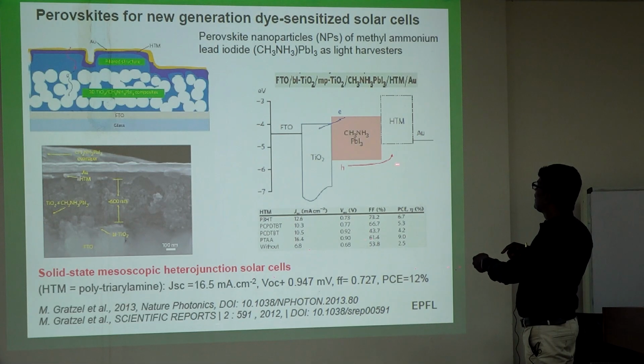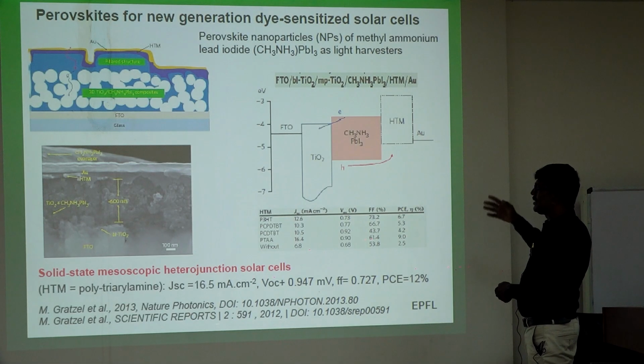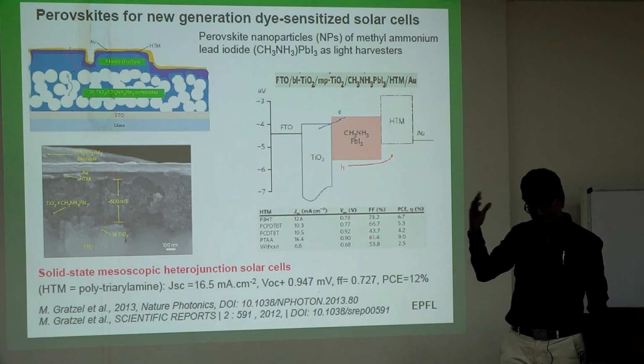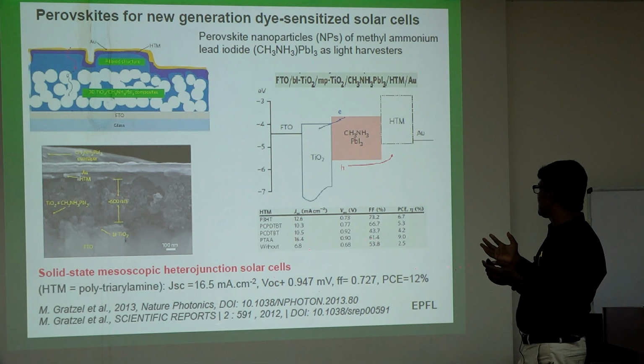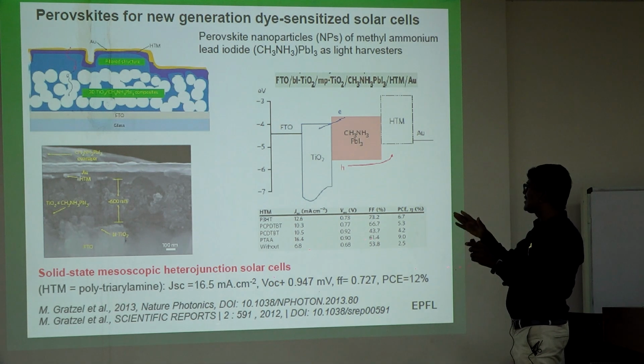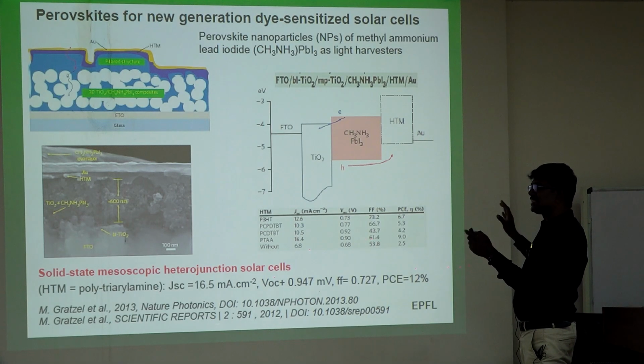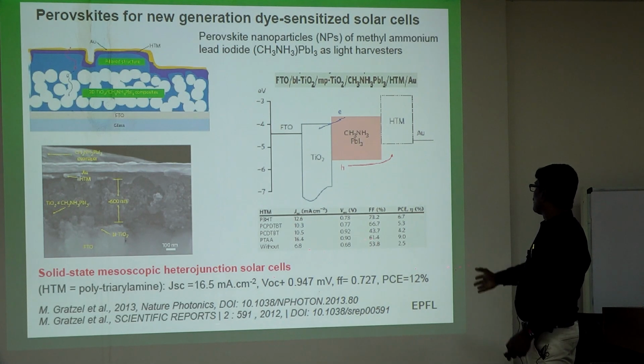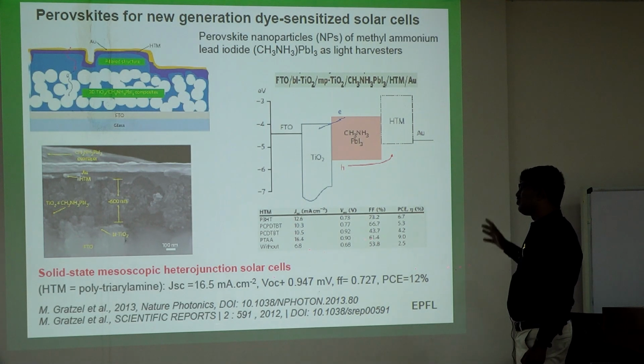It is not stable and it is expensive, but in European conditions they can make stabilization because they have all the facilities. It needs a glove box. For the dye solar cell, we don't need any glove box, but here it needs a glove box to get an efficiency of 12%, or now they get 24%.